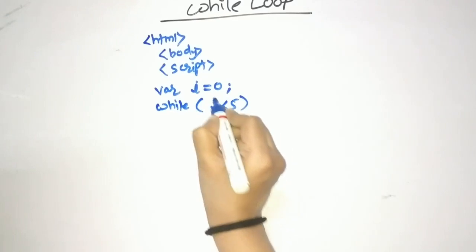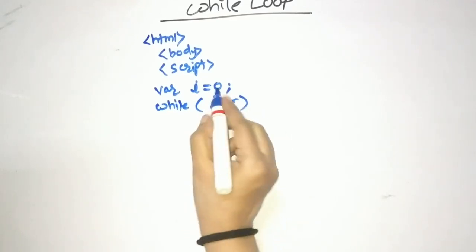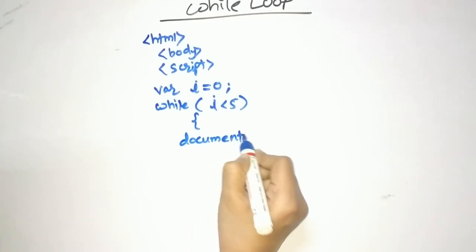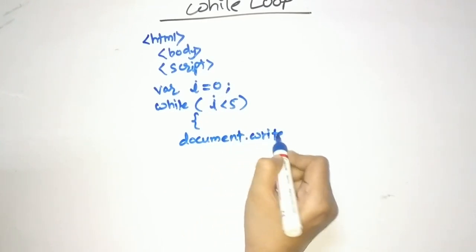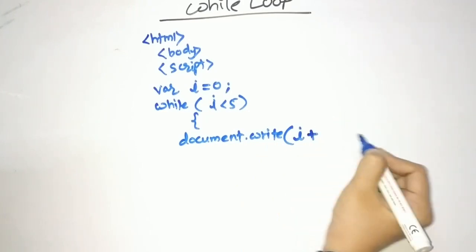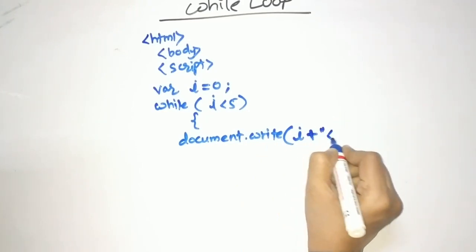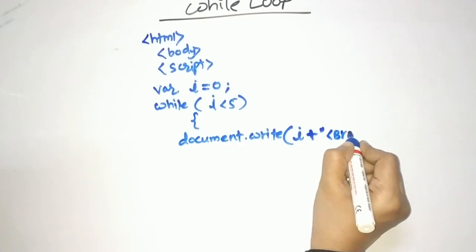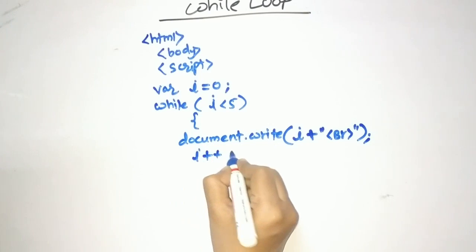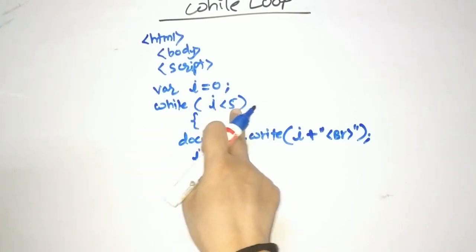Inside, I want to print a statement: document.write will print the value of I, concatenated with a break line. BR is the tag to break the line. Then I plus plus comes inside the loop, whereas in the for loop it came in the syntax itself.